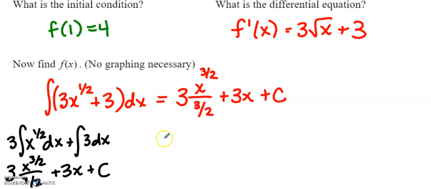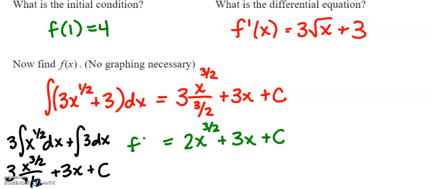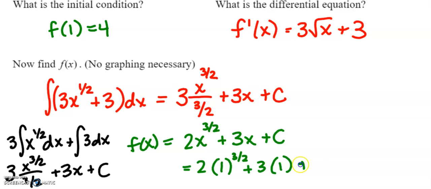Well, cleaning this up then, I would say 2/3 and the 3 are going to cancel out, so I have 2x to the 3/2 plus 3x plus c is equal to f of x. But I know that f of 1, so if I take 1 and substitute it in for my x value, 3 times 1 plus c is supposed to come out as 4.